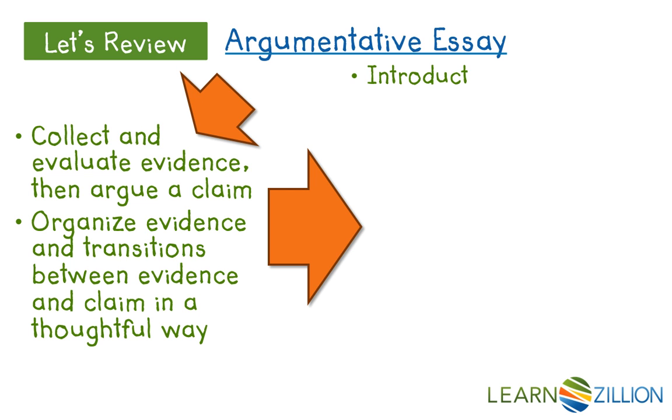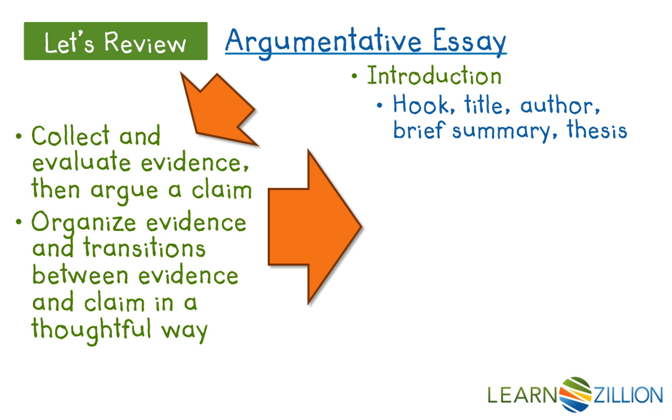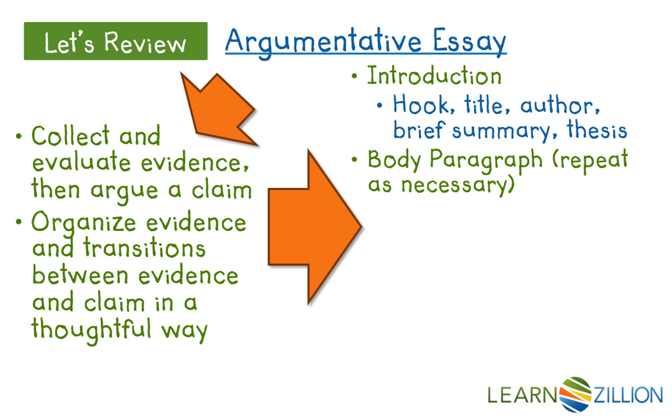So what this comes to mean is that there are several elements you need in your writing. For example, an introduction, which should have a hook, a title, an author, and then a brief summary and the thesis. Your body paragraph, which you could have one or you could have up to 3 or even 4. It just depends on what you're trying to say in your essay.